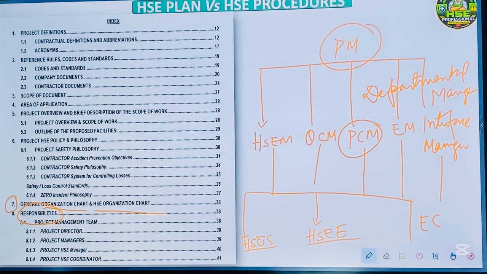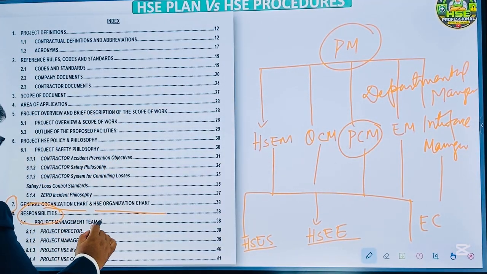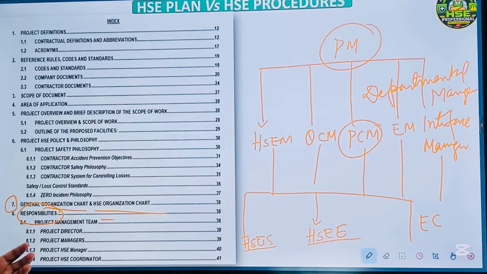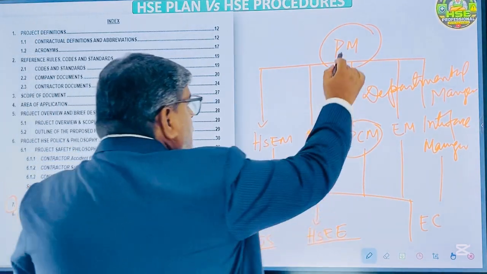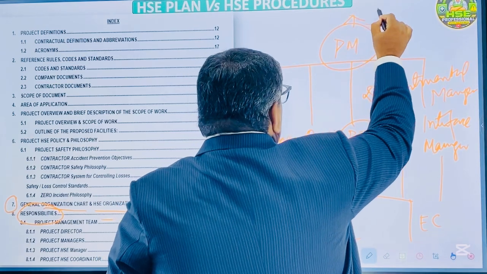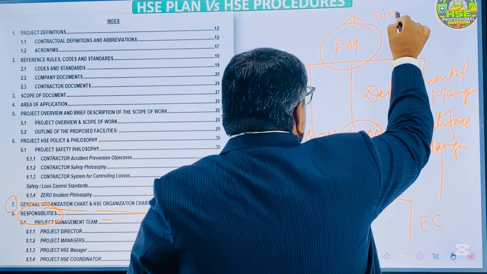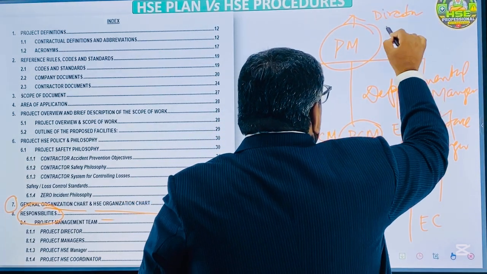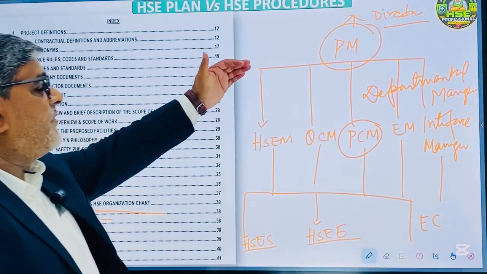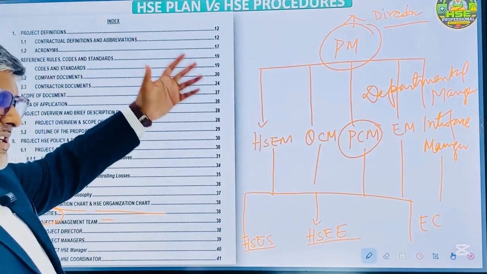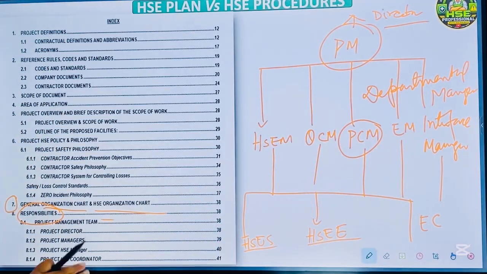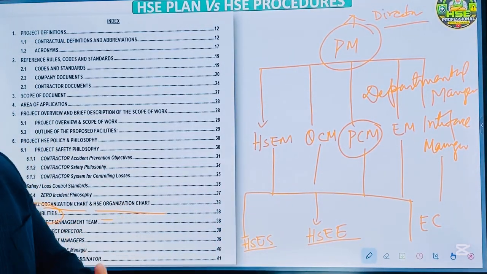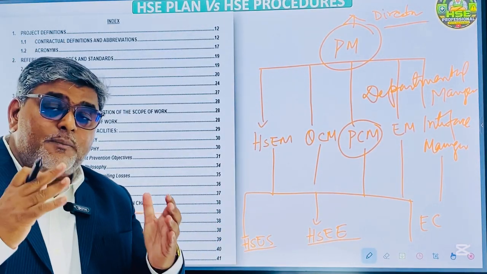Okay, so project management team like project manager, project director. Director is also top of PM. Okay, director, he is boss of PM. Then there is operation manager, CEO, general manager, whatever, depending on the company organization.